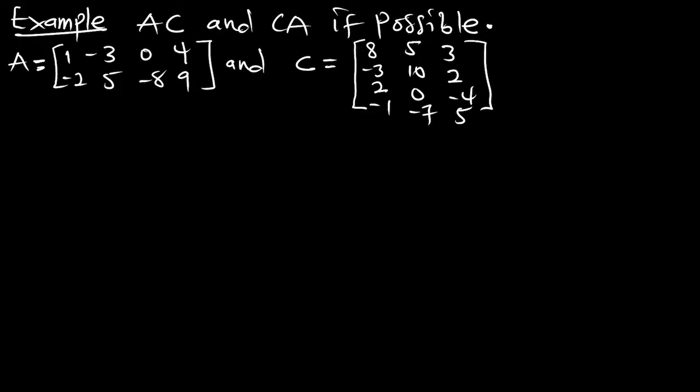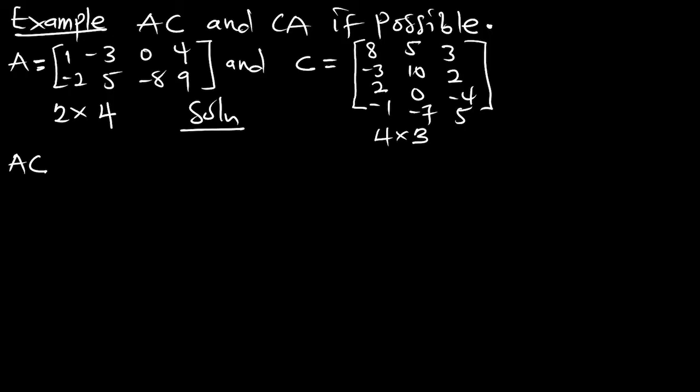So we are to see if it is possible to multiply A by C and C by A. So solution, let's check. First, AC. But let's check if the size is true. A is 2 by 4 for the size, and C is 4 by 3 for the size.